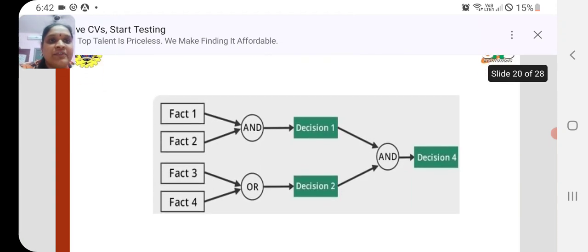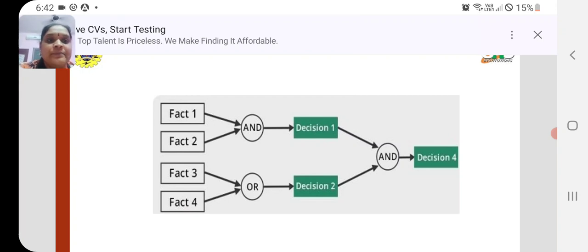So this is the perfect diagram for forward chaining. Say for example, you have fact 1 and fact 2 and you are applying a condition here. You may end with decision 1 and you are combining it, and at last you are arriving here. And fact 2, similarly, applying an inference rule which derives decision 1, and we are combining something.